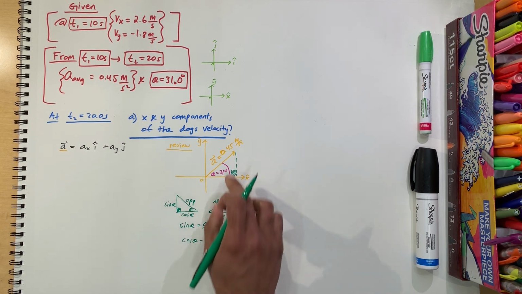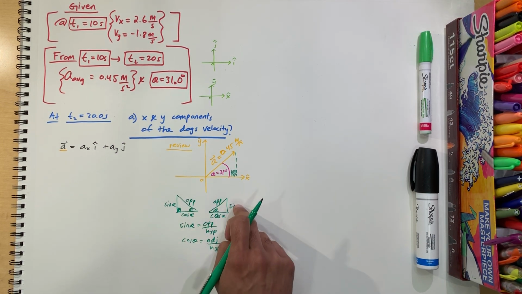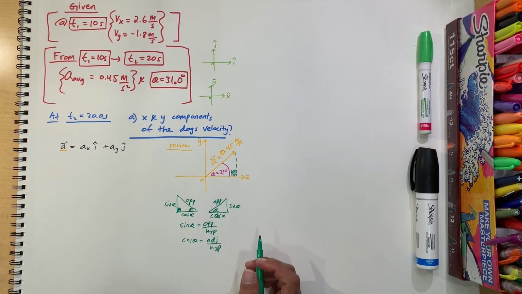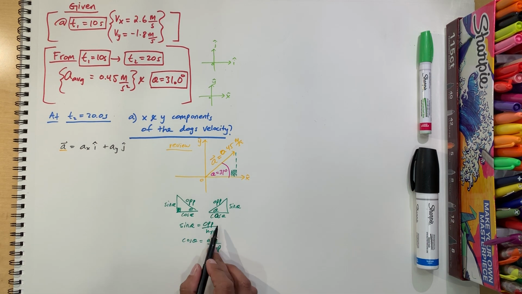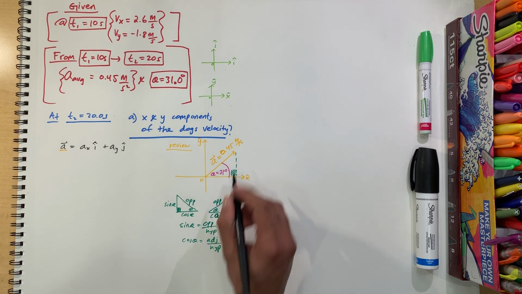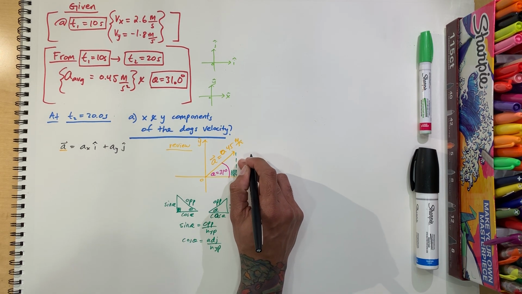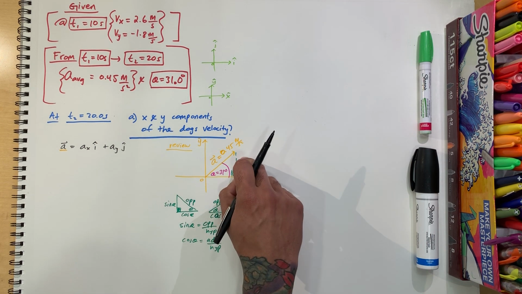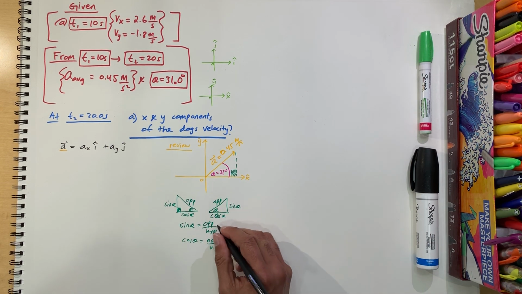Now this is the same as this. We want this side right here, so we're interested in sine. I want opposite over hypotenuse, because I'm interested in this section right here.